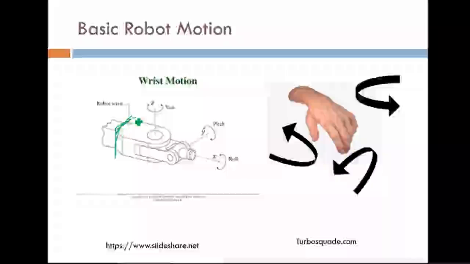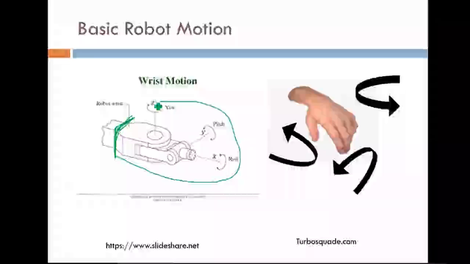Up to this green line is the robot arm. This portion is a special attachment for completing our task. Suppose we use this part for completing our task.